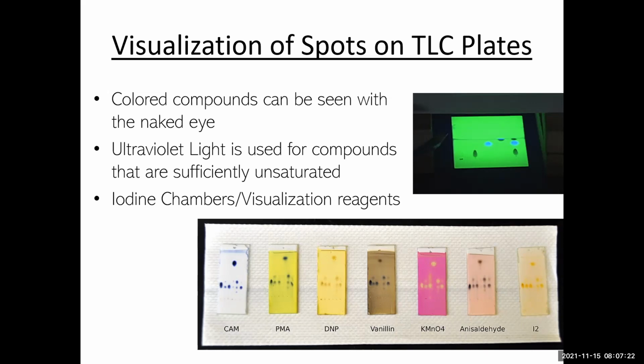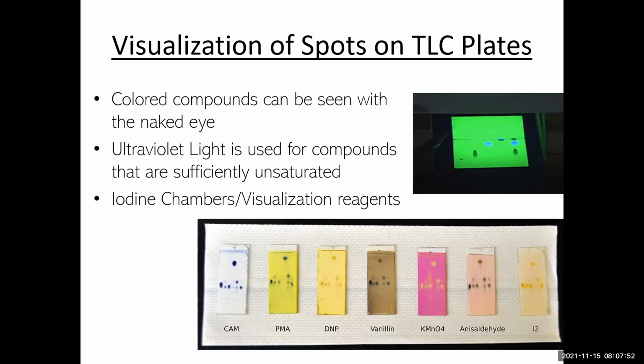And then if that doesn't work to visualize compounds, because maybe iodine doesn't adhere to certain compounds, there's a variety of different types of what we call chemical stains, using different compounds like potassium permanganate or vanillin, or mixtures of different compounds that actually chemically react with the compounds, and then will hopefully show spots after that analysis takes place.